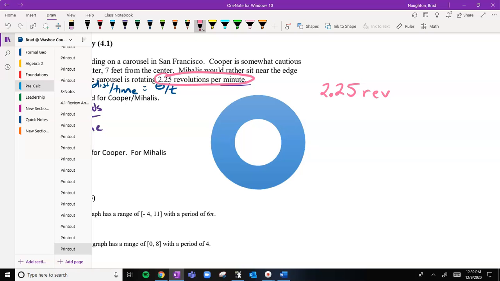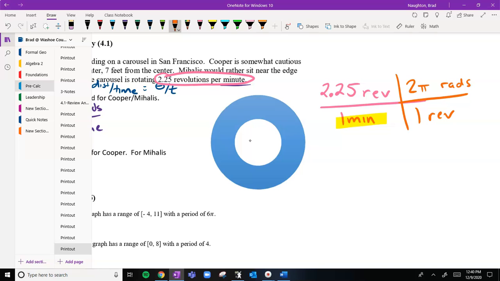So 2.2 revolutions per 1 minute, and I want it to be minutes, so this minute's not going to change, but the revolutions is. So I know in 1 revolution, there's 2 pi radians. And then you just multiply across, so this is going to give me 4.5 pi for my radians per minute.